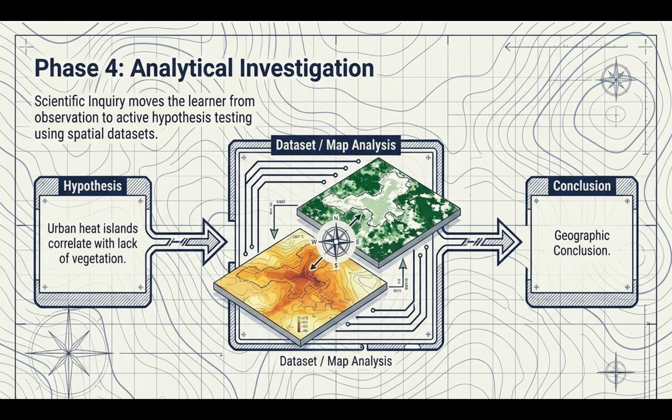Then they collect or examine relevant information such as temperature maps, land use maps, satellite imagery, and vegetation data. Students compare the datasets, identify the patterns, and determine whether the evidence supports their hypothesis.